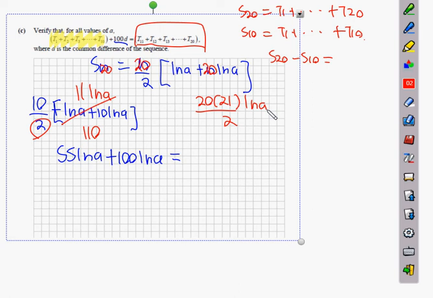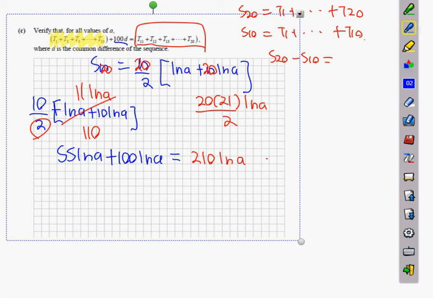It's 10 multiplied by 21, 210. 210 ln A, and then we have to take away 10.